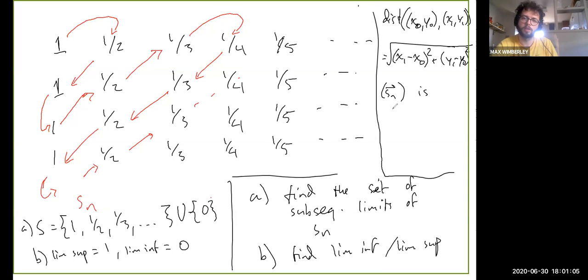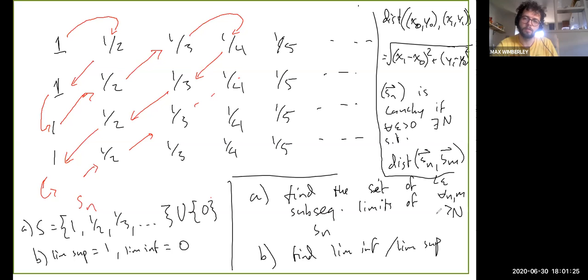Sn is Cauchy if for all epsilon greater than 0, there exists N such that the distance of Sn and Sm is less than epsilon for all n and m greater than N, right? So that would be a definition of the concept of a Cauchy sequence for points in the plane, basically.